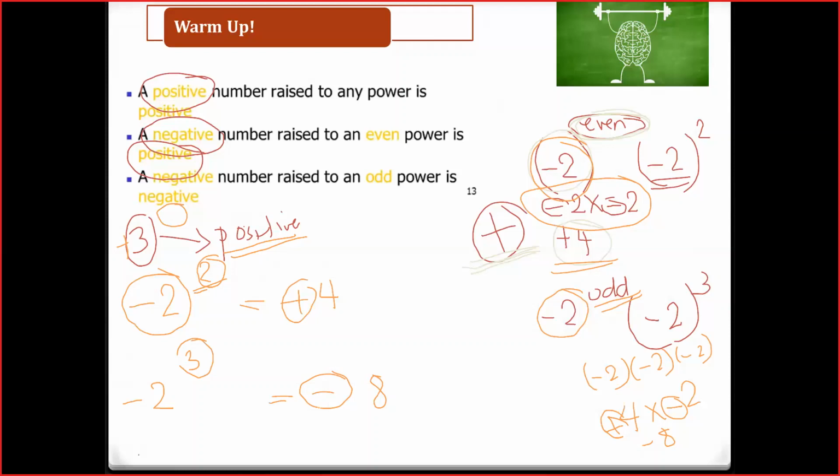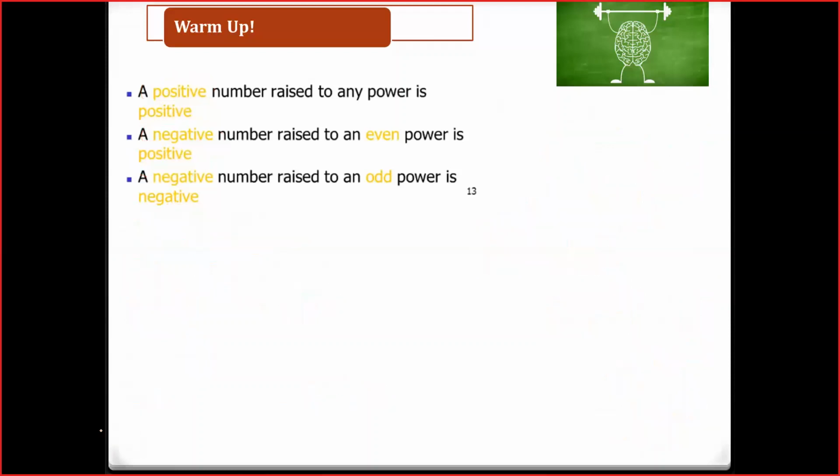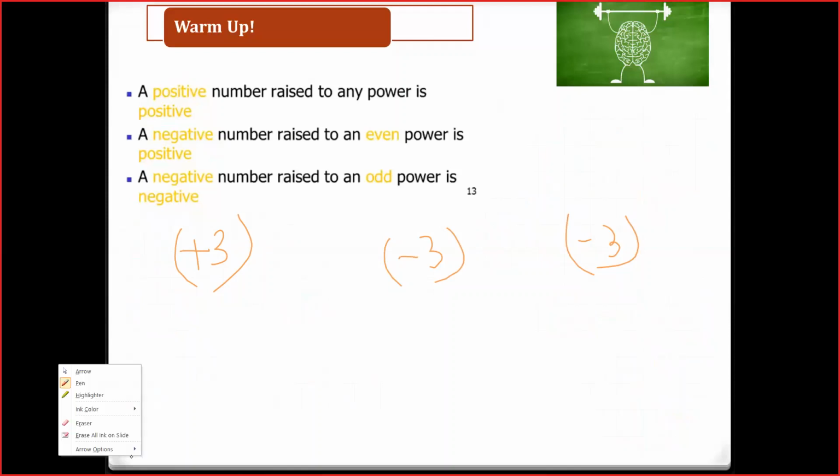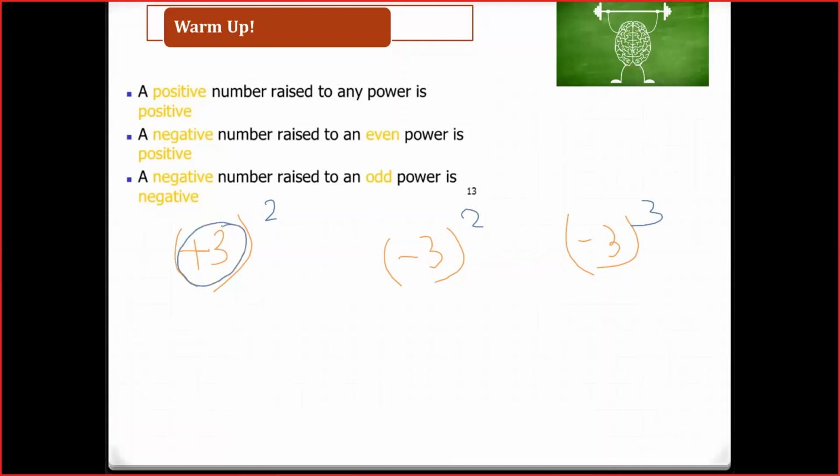Here, if you have a positive number, like positive 3, or negative 3. For the positive 3, if I choose now 2, 2, 3, the rule is, if we have a positive number to any power, the answer is positive without finding it.